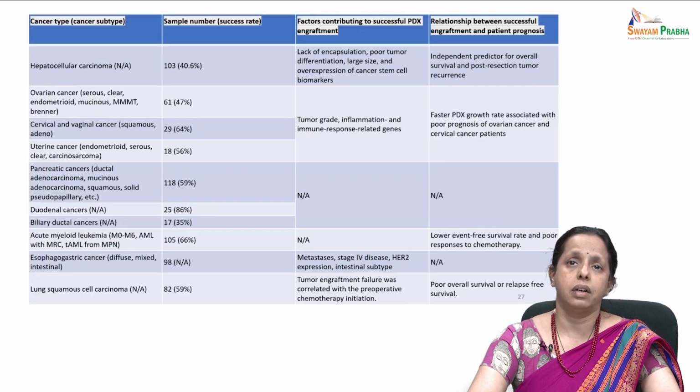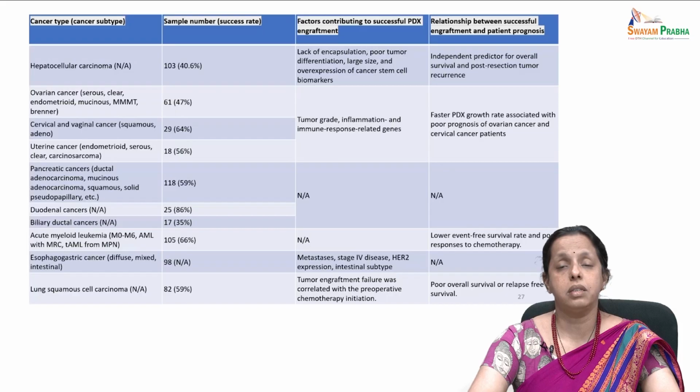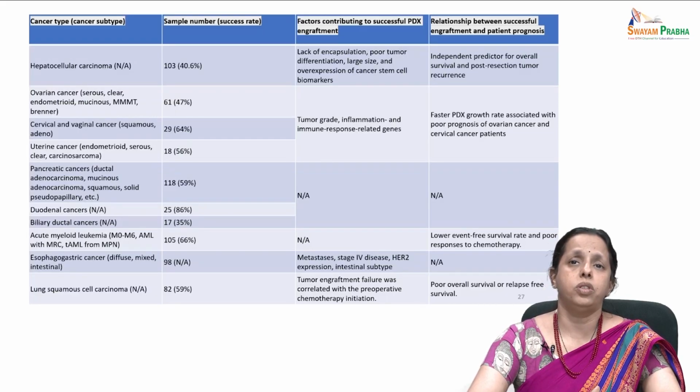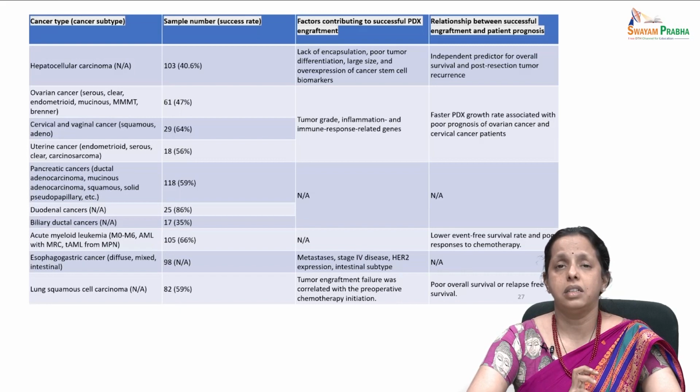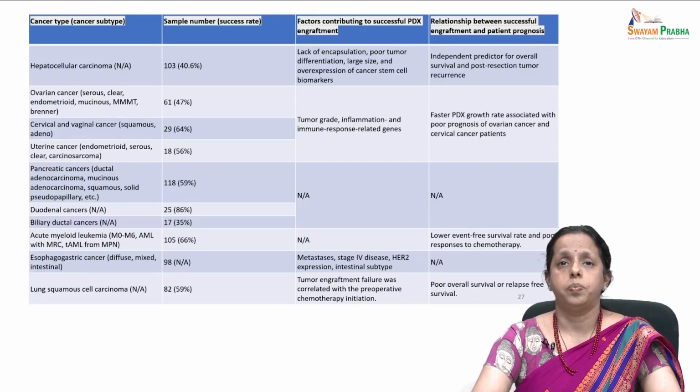If you can correlate the success of PDX engraftment and the patient prognosis, this could be an independent predictor for overall survival and post-resection tumor recurrence. So, it's after the surgery that the tumors are taken. Basically, the clinical surgeon has removed the tumor-bearing tissue.